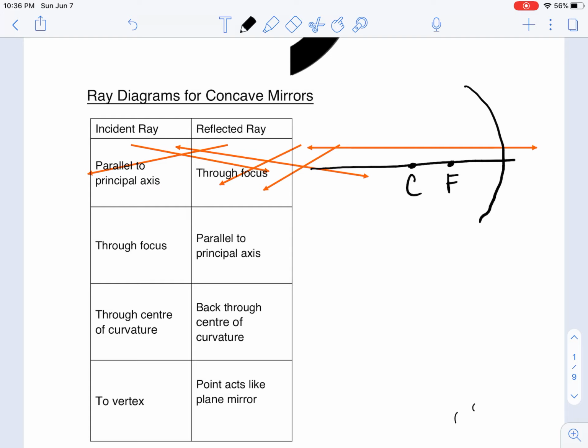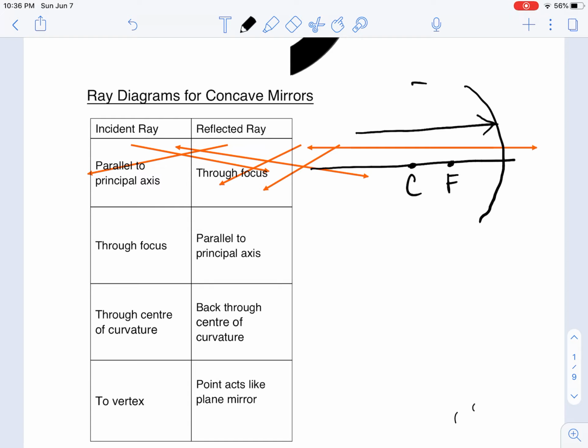So when you have an incident ray coming in parallel to this principal axis, this line that goes directly through the center of that curved mirror, remember, when you draw ray diagrams, you're going to be using a ruler. You're also going to show the direction of your ray.